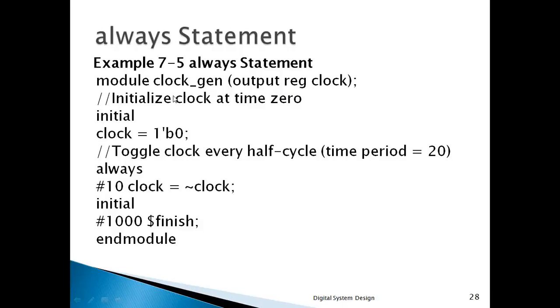In this example, a module named clock generator is defined. These are its parameters, including the output type variable declared as clock, and its data type is reg, register data type.